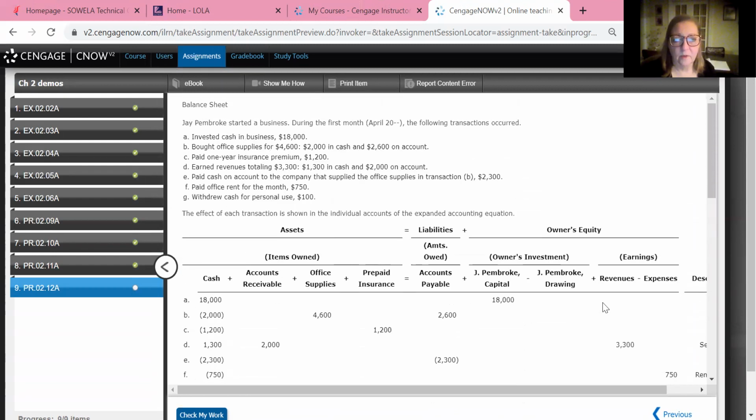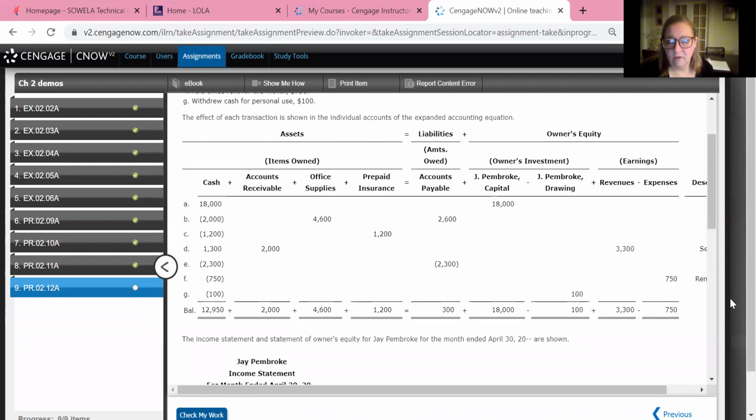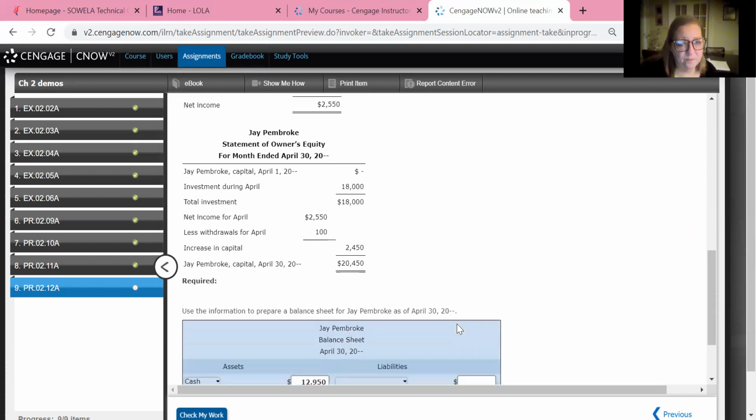And then I look back and see what else is not included. I've already included the revenue and expenses because they are in my income statement. I've already included the capital and drawing because those transactions are in my statement of owner's equity. What I haven't included yet is this number right here, the liabilities, accounts payable, $300.